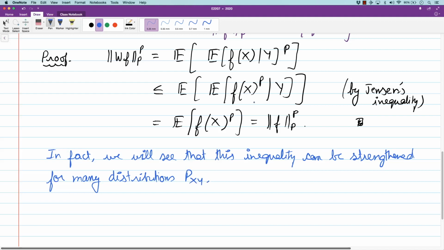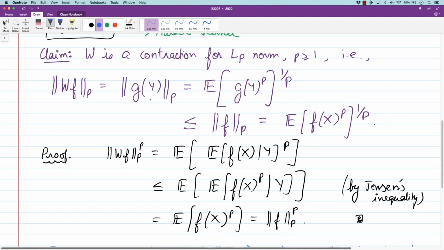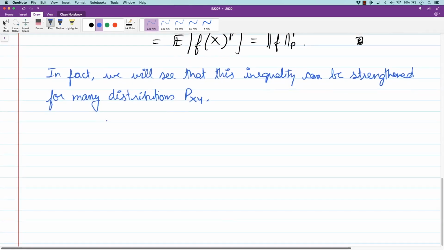The fact that this inequality holds for all functions f, the fact that the Markov kernel is a contraction, is a feature of the distribution P_XY. It depends on the joint distribution P_XY, and the claim here is that it can be strengthened. This strengthened inequality is called hypercontractivity. So you see that you are, in a sense, improving Jensen's, and whenever you can improve Jensen's, you can have very interesting deep consequences.